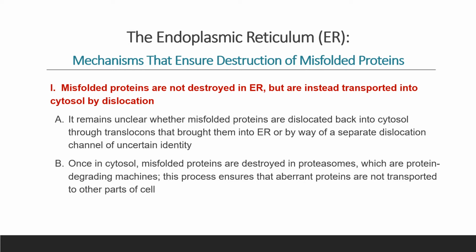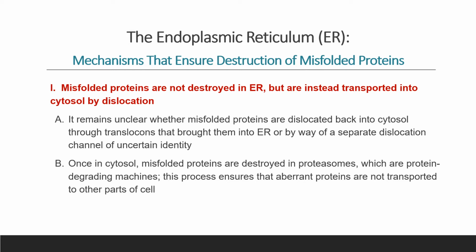It remains unclear whether misfolded proteins are dislocated back into the cytosol through the translocons that brought them into the ER or by way of a separate dislocation channel of certain identity. It is not yet very clear how these misfolded proteins are evicted from the site where they were created until they are removed from the cell itself.